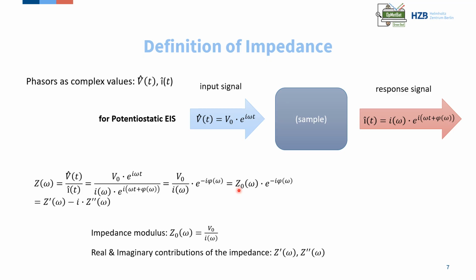Therefore, the resultant impedance will have an impedance modulus for a certain frequency and an exponential contribution of the phase shift, also for a given frequency. Another way to show this exponential relation is by splitting it into the real and imaginary impedances, both frequency dependent.